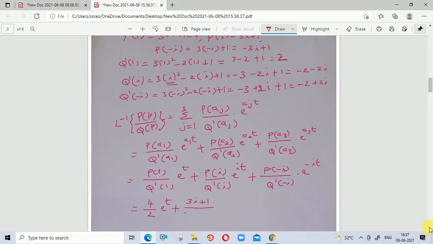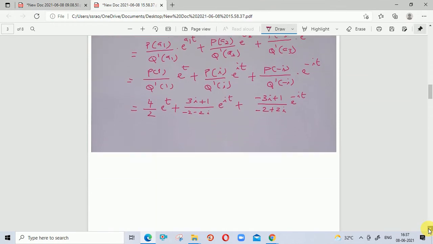Okay, plus P of minus i, that is minus 3i plus 1, divided by Q dash of minus i. Q dash of minus i is minus 2 plus 2i, e power minus it. Okay, so that is equal to 4/2, here 4/2 means 2 e power t.